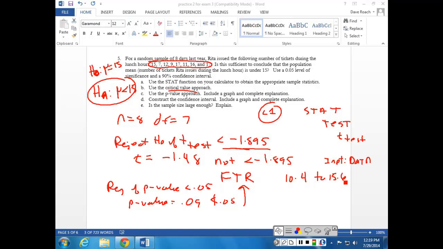Since this is one mean, we're looking to see if the interval includes 15. Look back to your HO. 15 is in the interval. Therefore, the population mean might not be less than 15.